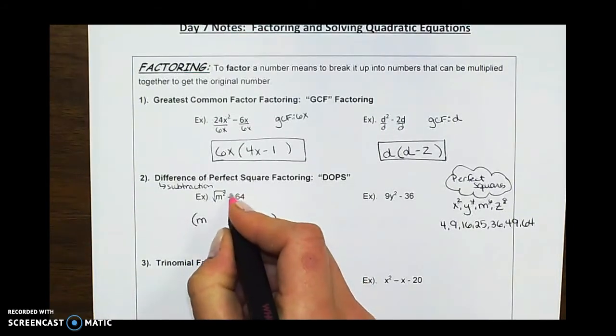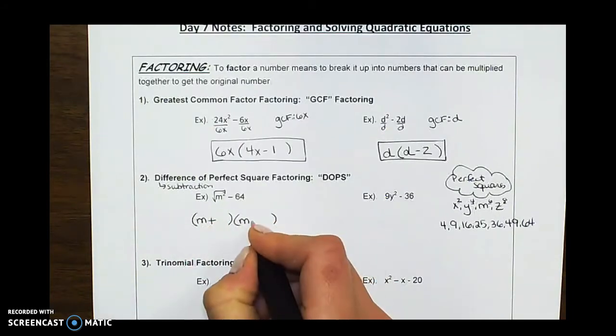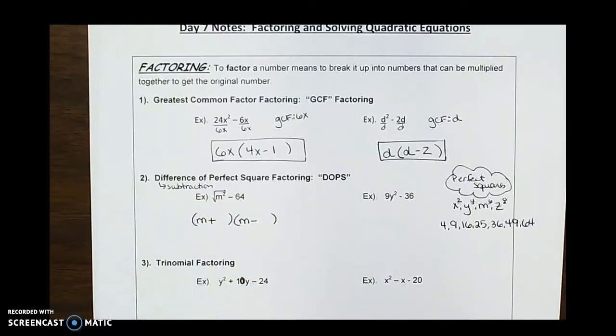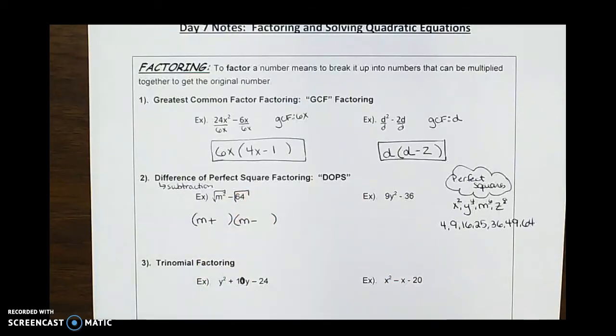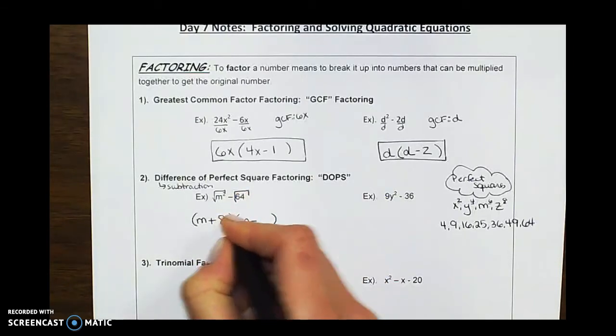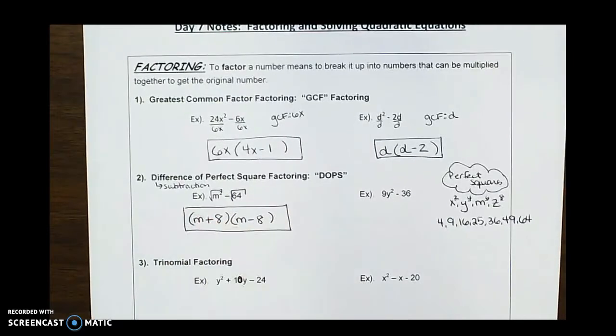Now we want a minus, so we need a positive and a negative to multiply to a negative, so we get 1 plus and 1 minus. Then we take the square root of 64, which is 8. So 8 goes second. And you've just factored using the DOPS method.